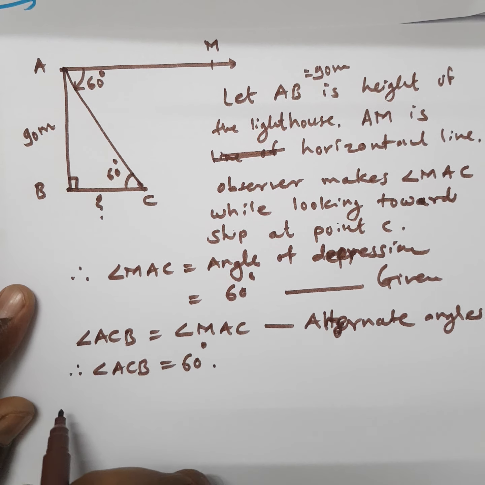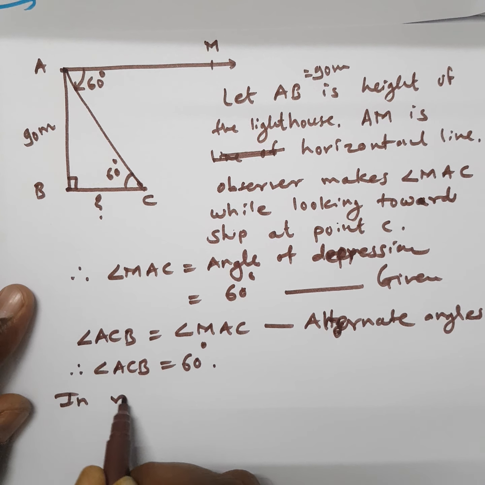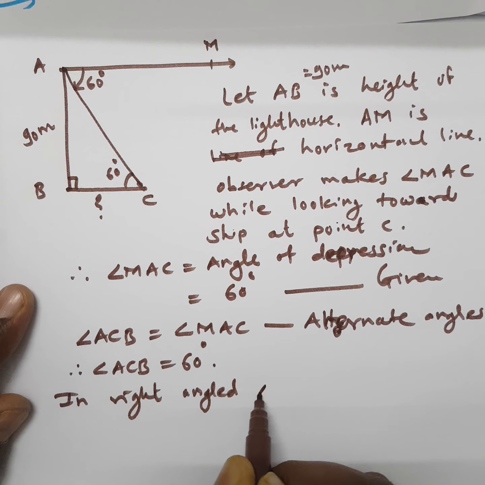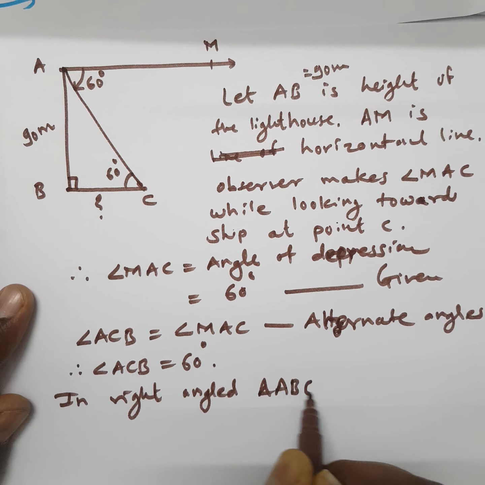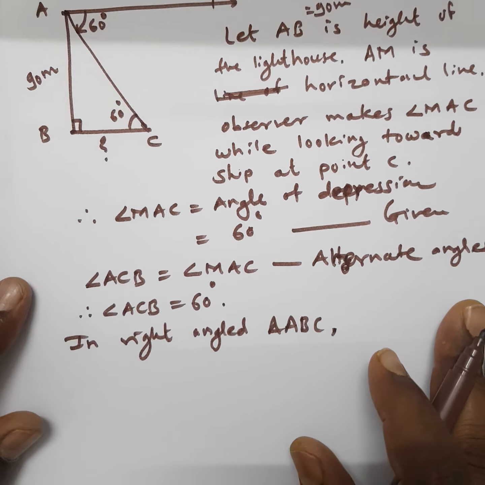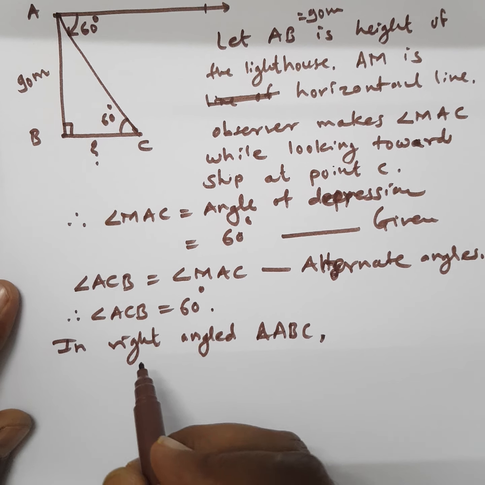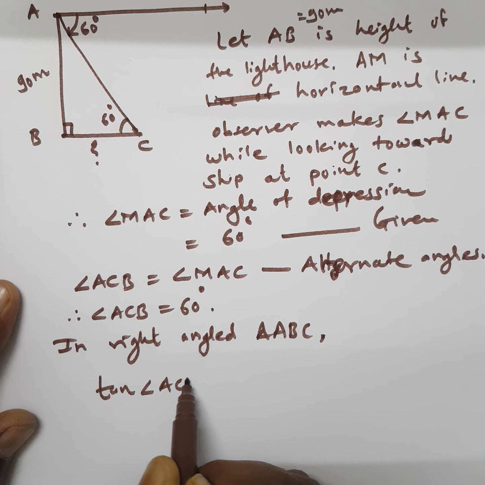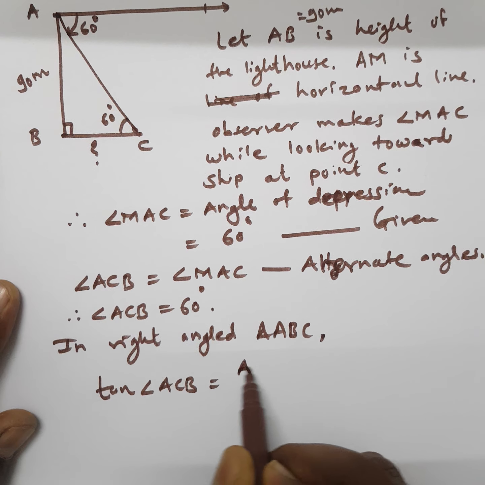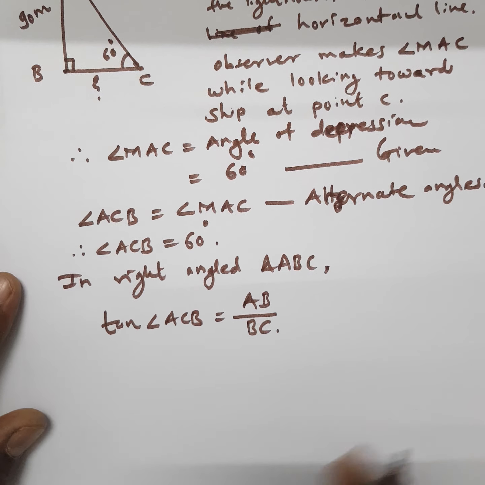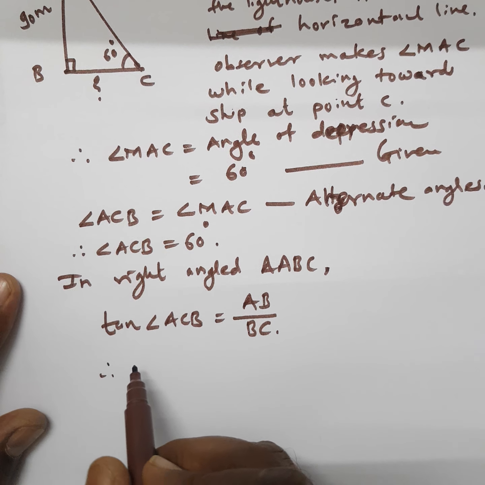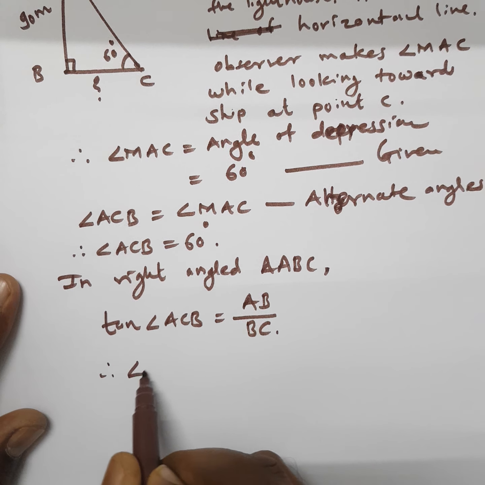Now, in right angle triangle ABC, tan ratio of angle ACB is equal to AB upon BC. Angle ACB is 60 degree.